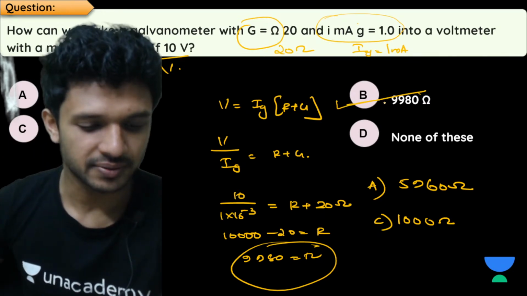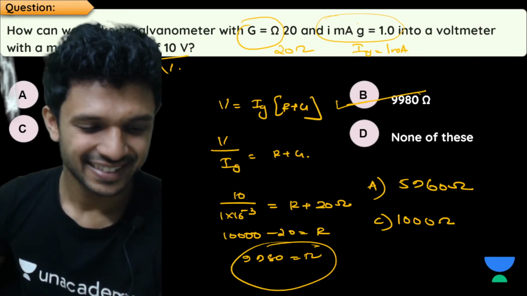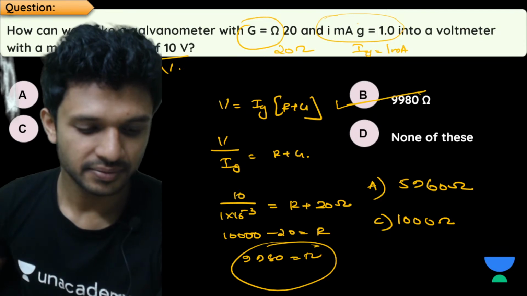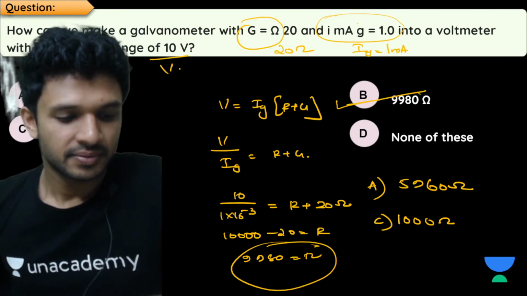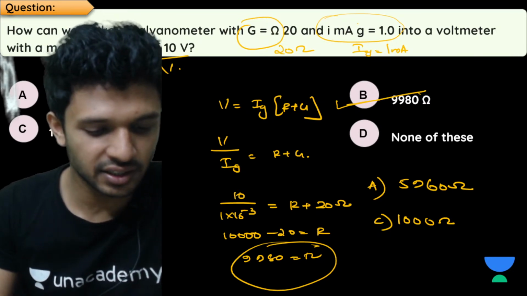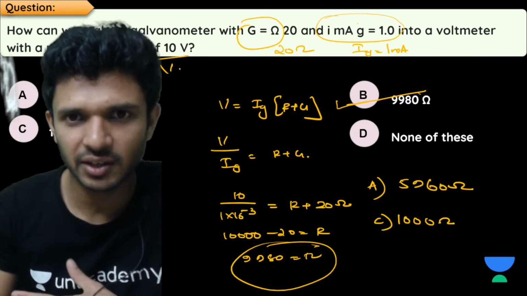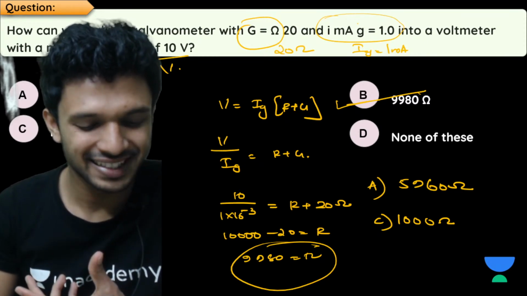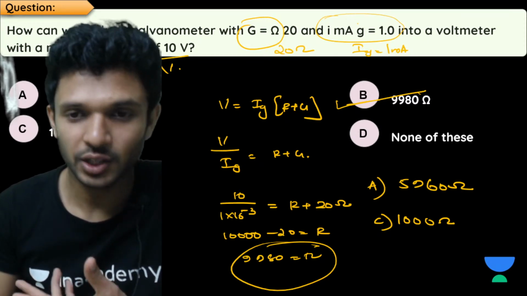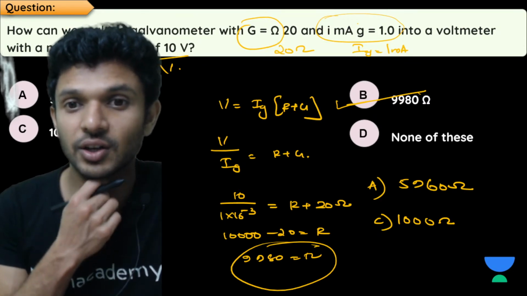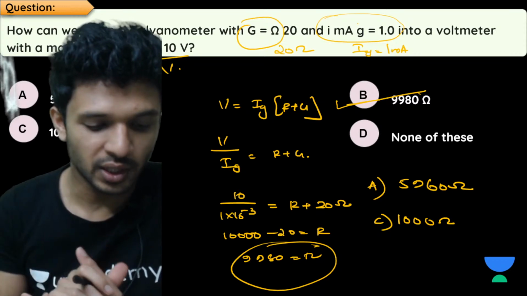B is the option. B is correct, I also told the same. Maybe while I was speaking I used the wrong option, but the correct option is B only.